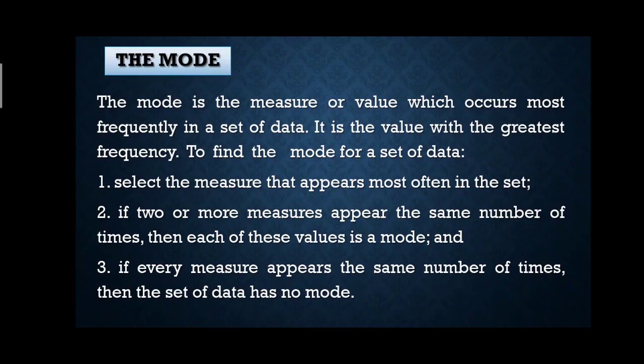Example, we have two values of 2, two values of 3, two values of 4, two values of 5, and so on. So the same number of data, the same number of times. Then in that example, there is no mode since each appears the same number of times.